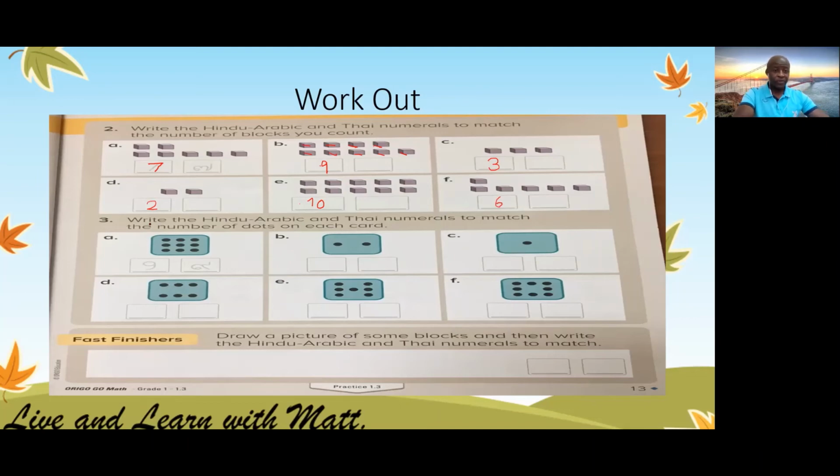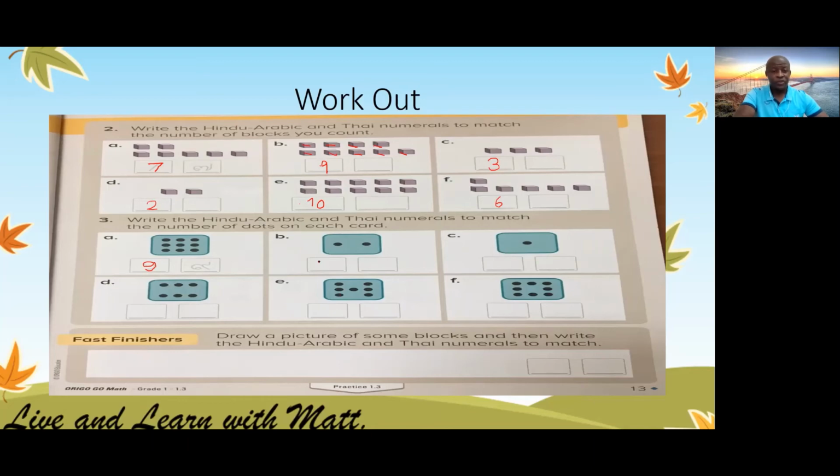Number 3, write the Indo-Arabic and Thai numerals to match the number of dots on each card. So part A is being given, 9. Write the Thai numeral there too, please.